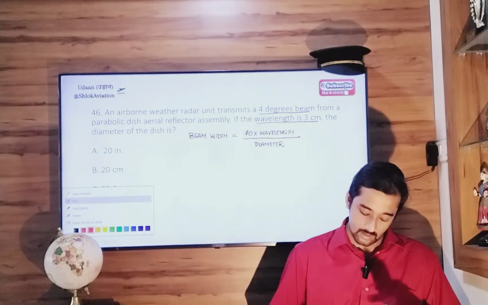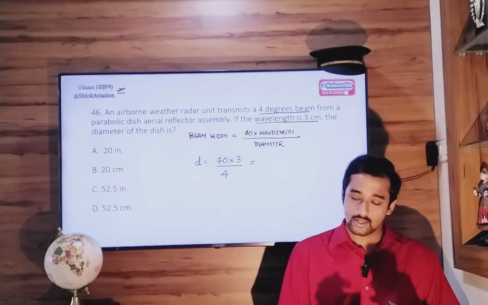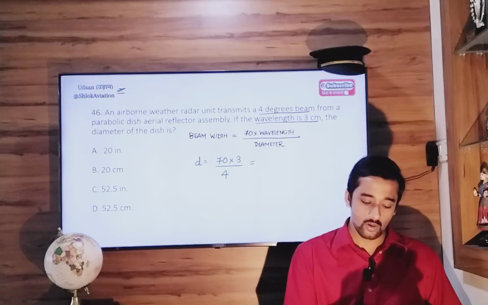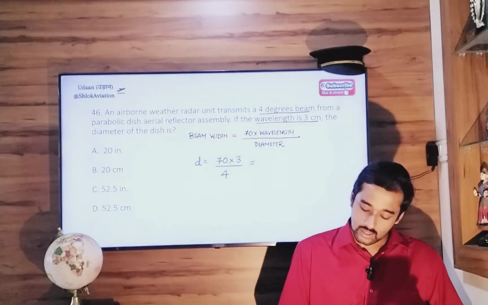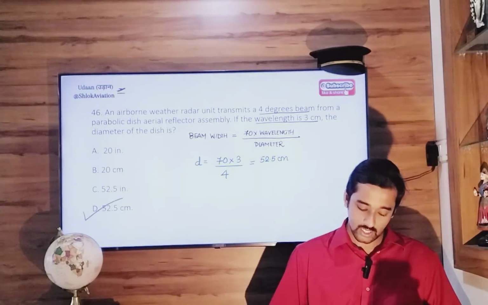So diameter will be equal to 70 into 3 divided by 4. So 70 into 3 is 210 divided by 4, that is 52.5 centimeter. Option delta.